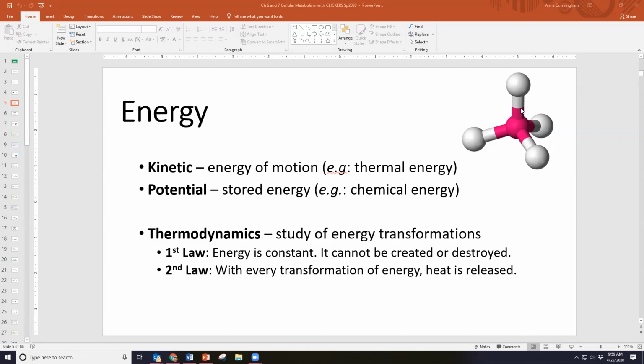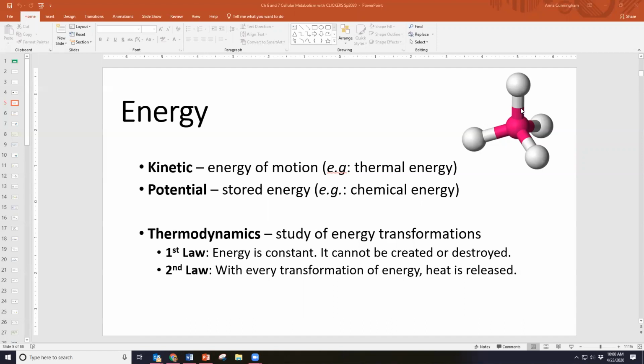If we have a bond intact, that is potential energy in the form of chemical energy, because it's a bond between two atoms in a molecule. So chemical energy, which is the energy stored in bonds, is potential energy, and when we break that bond, energy is released.